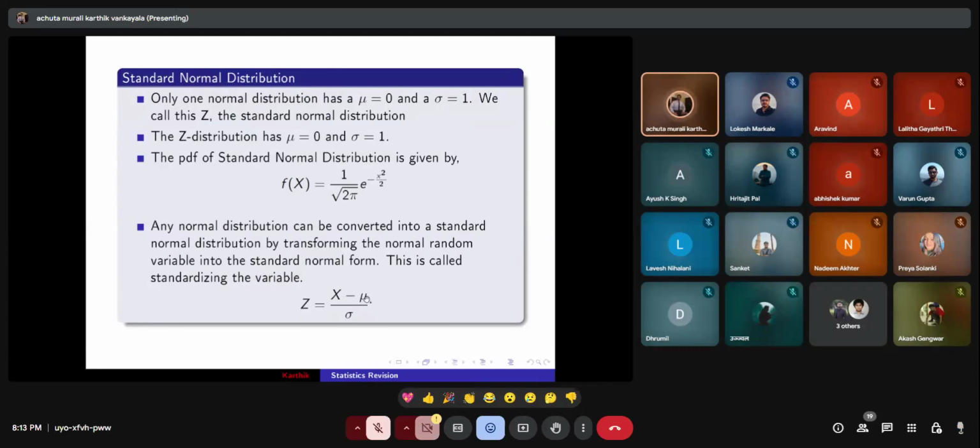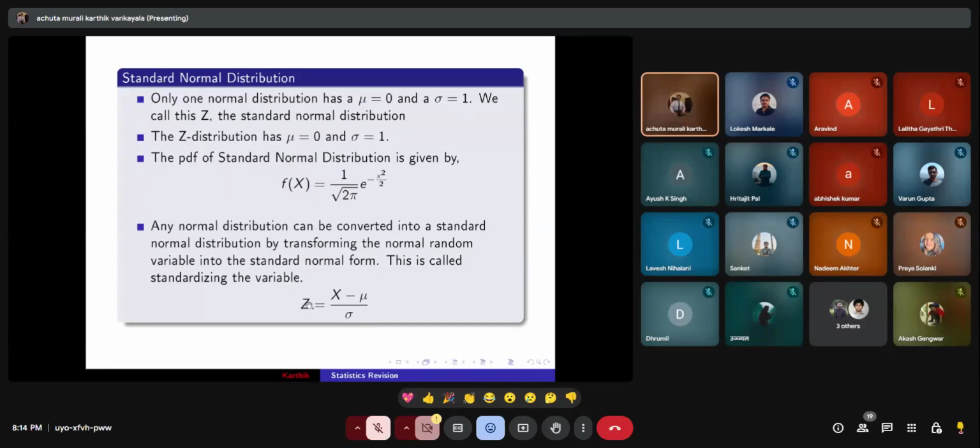Mu is the mean of the distribution, but this is a constant. And sigma is the standard deviation of the population, and this is also a constant. So your x minus mu divided by sigma is another random variable, with mean 0 and standard deviation 1.